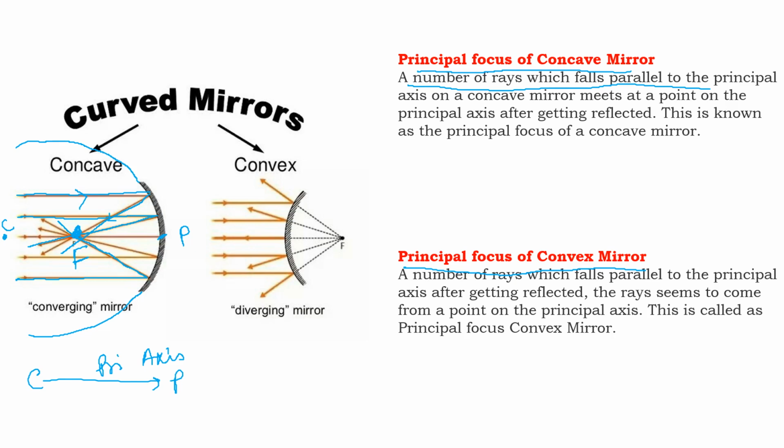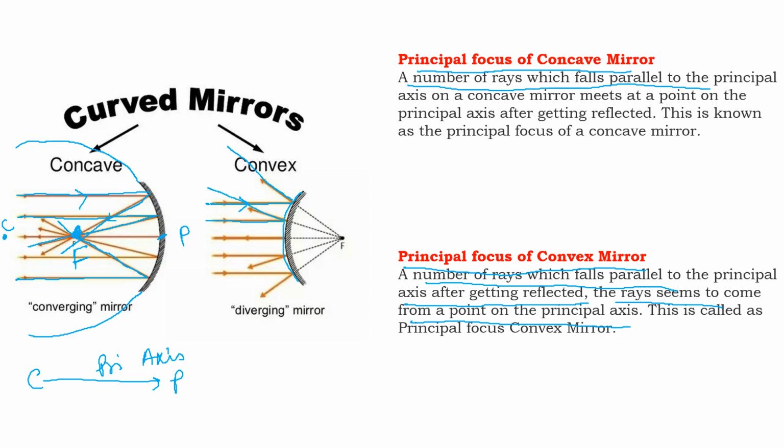For the convex mirror, the number of rays which fall parallel to the principal axis, after getting reflected, seem to come from a point on the principal axis. So now here what was happening? Here, since the outer surface is the reflecting surface, light will come here and after striking the mirror, it will be reflected back. It is not meeting anywhere. Now this ray is also coming and then reflecting back.